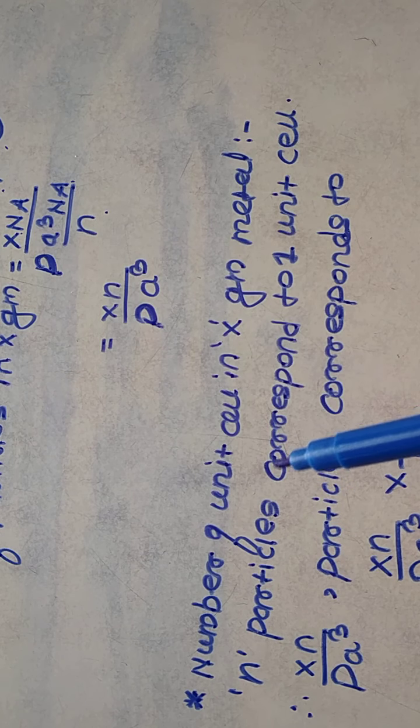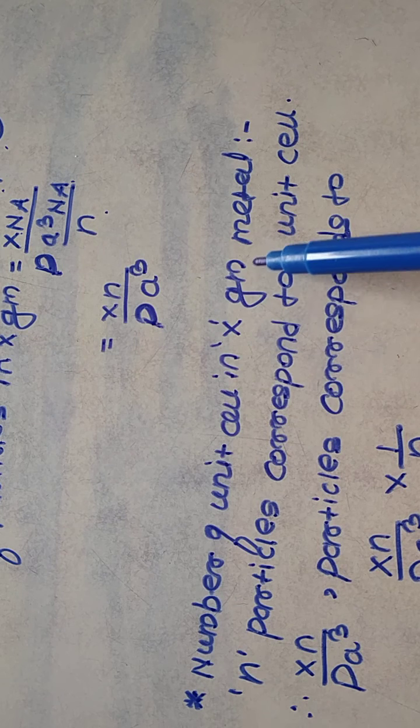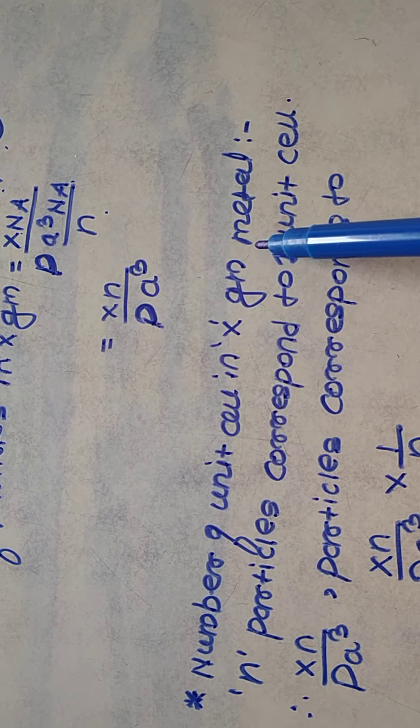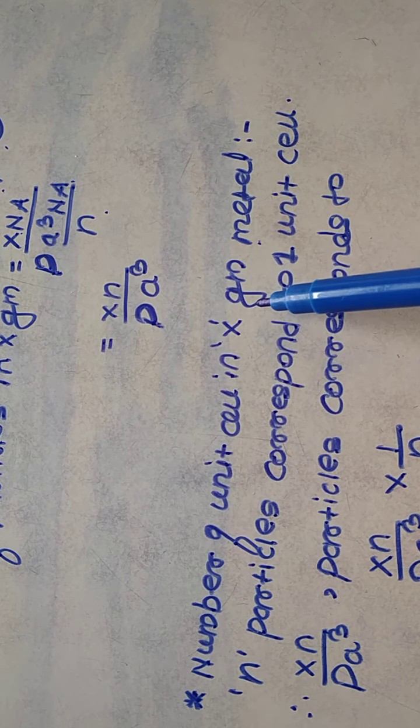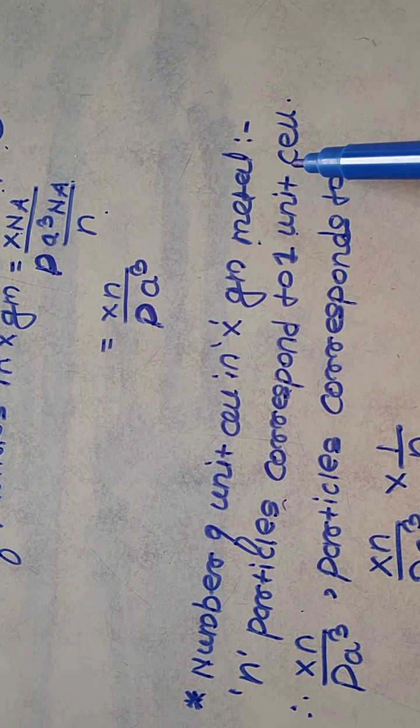You want to calculate the number of unit cells in x gram of metal. How many unit cells are present in x gram of metal? You know that n particles correspond to 1 unit cell.